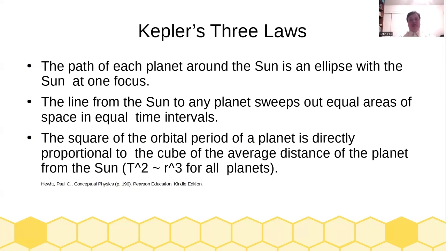A circle is a special type of ellipse where the two foci converge on one single point, so that the distance from the circle to that focus is constantly the same amount. You don't have to worry about two lines being drawn, you just have to worry about one line being drawn to the center of the circle, which is going to be the focus.